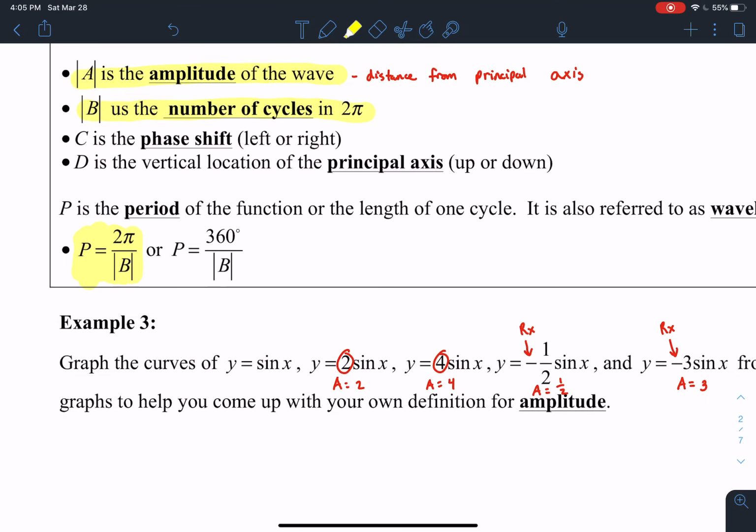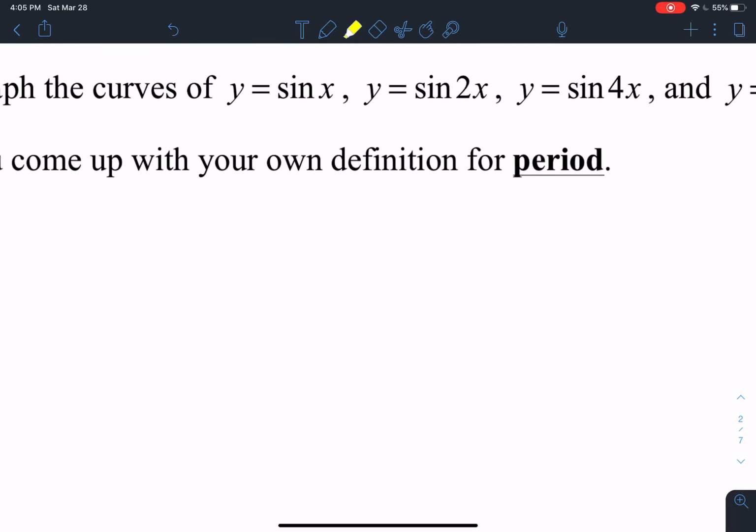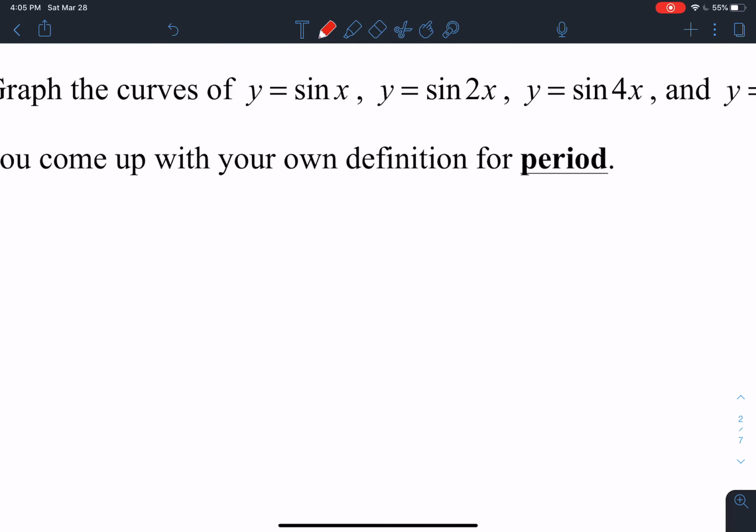All right, so if I go back to the notes now and go through a couple of these, I have sine of 2x. I know that the b term here is 2. So the period is going to be 2 pi divided by 2. It's always 2 pi divided by the b term. So 2 pi divided by 2 is 1 pi.